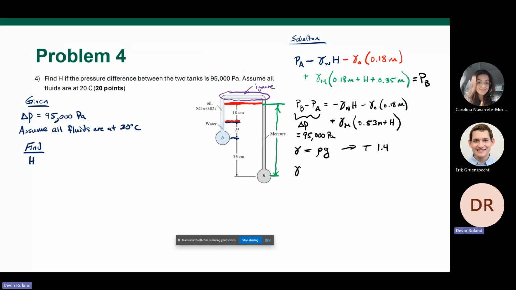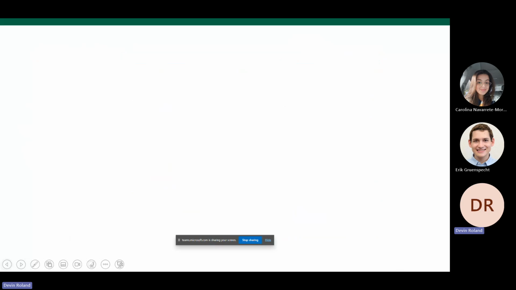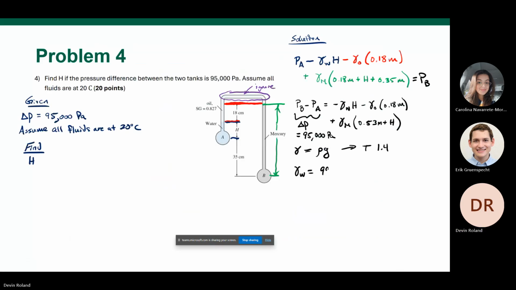Okay, so then for water, I think it said 998. Yeah, 998 kilograms per meter cubed, times 9.81 meters per second squared. Okay. And that's going to be 9790.